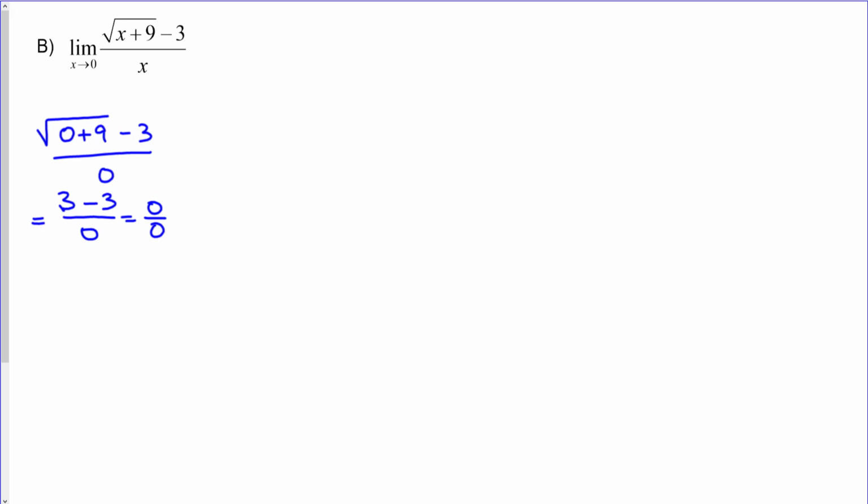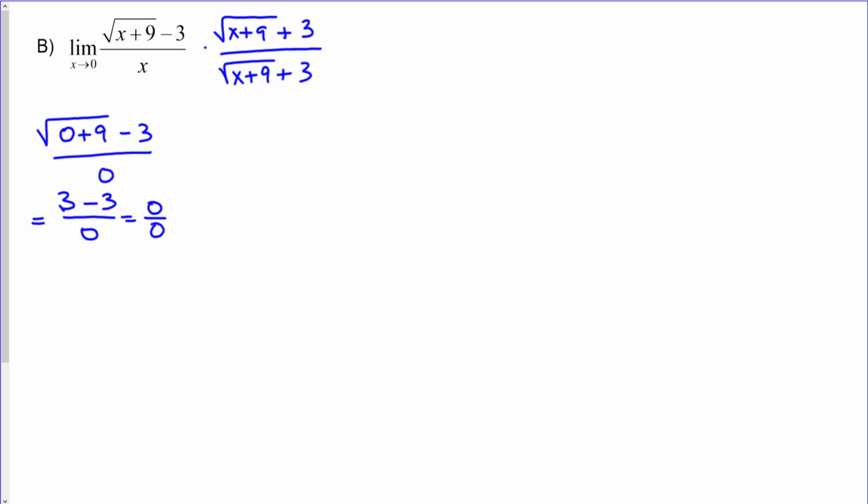So if I multiply the numerator and denominator by the conjugate of the numerator, and a conjugate is just the binomial, when you have a binomial term and you switch the sign inside the binomial. So the conjugate of x plus 3 is x minus 3. The conjugate of x minus 2 is x plus 2. So you just take the same two terms, but you switch the sign between them.